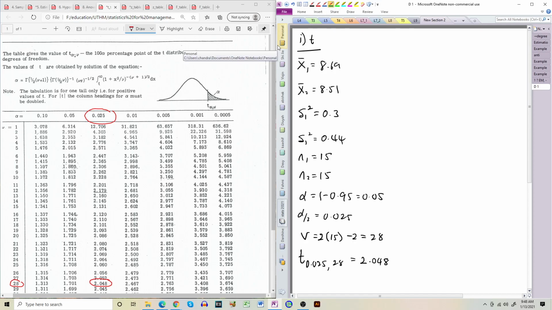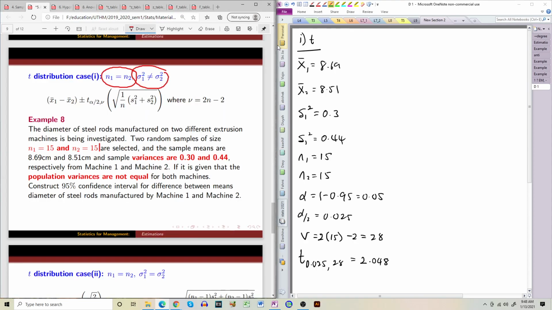Once you find all the information, you replace it inside the formula.